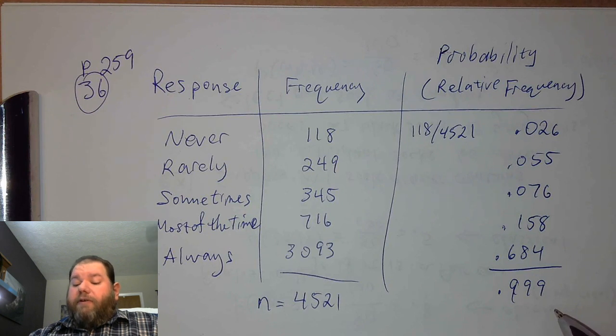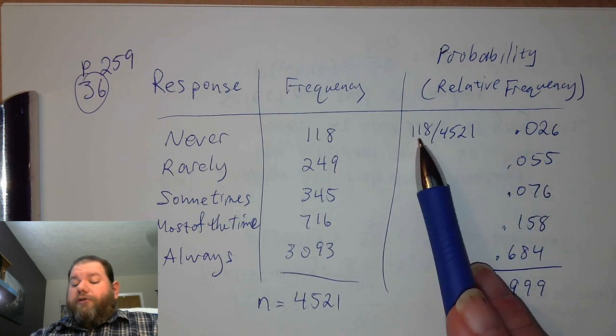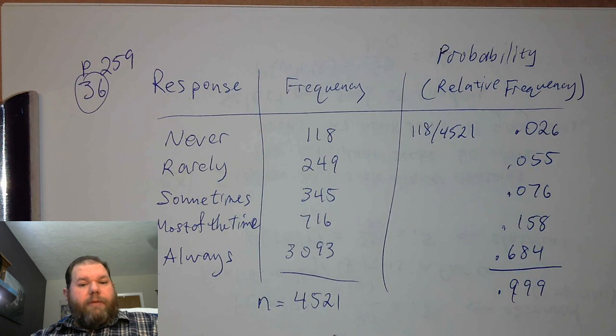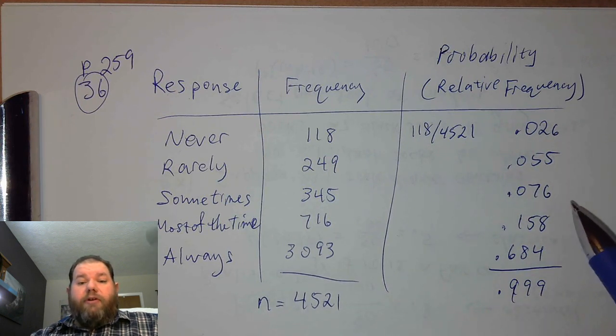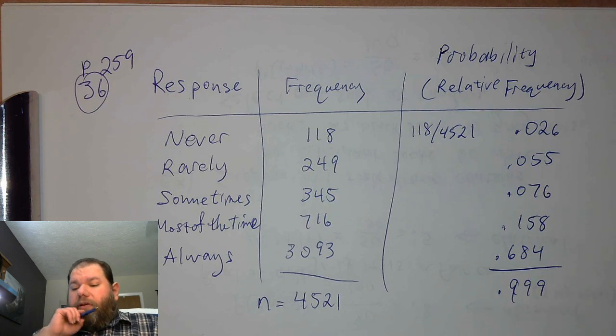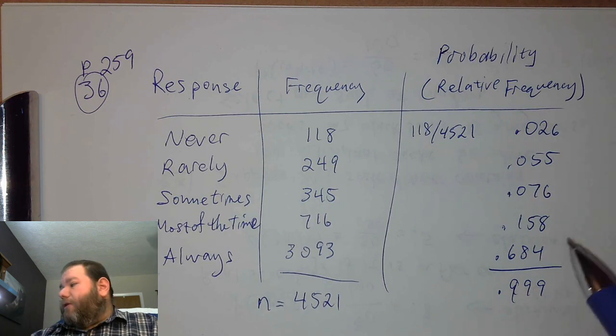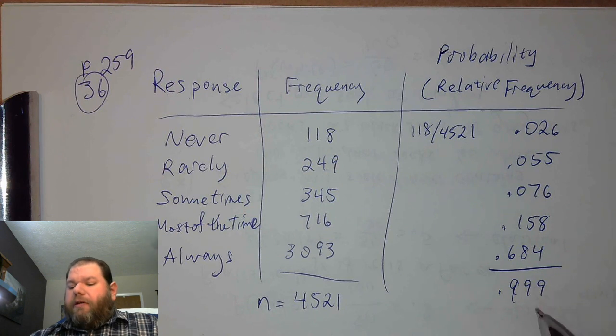Well, the main reason is that when we're calculating each of these values, it doesn't come out to be an exact decimal, and so each of these numbers is rounded to the 3rd decimal place. Because of rounding, it won't necessarily be equal to 1, but it should still be very close to 1.